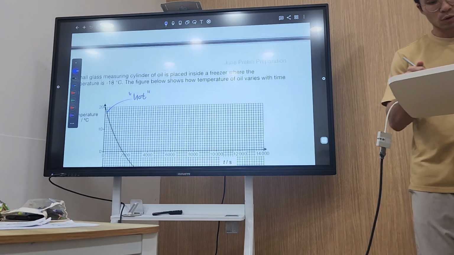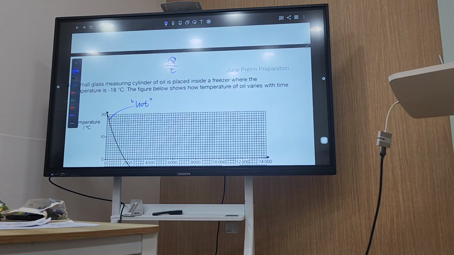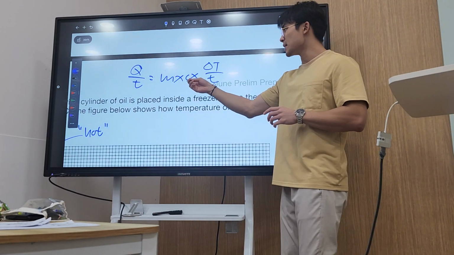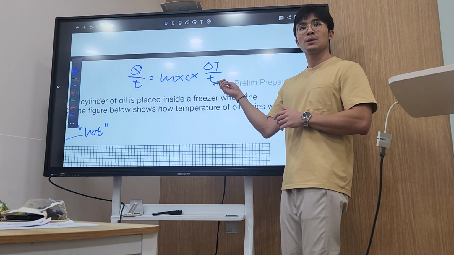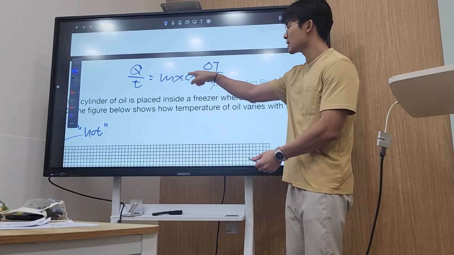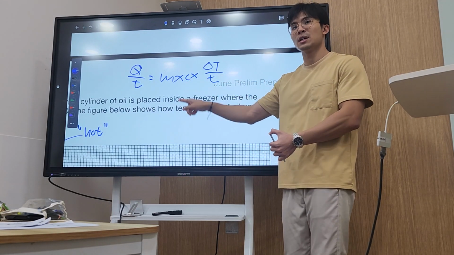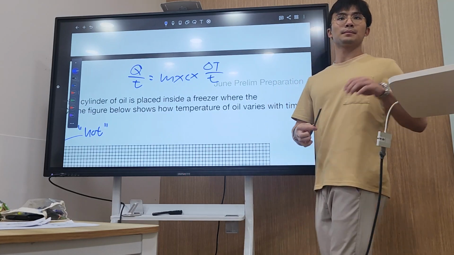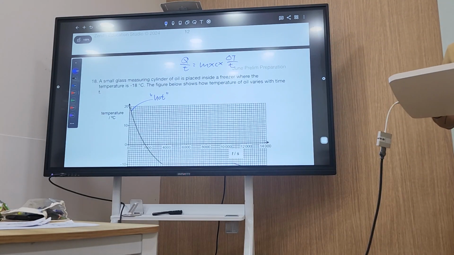Using Q over T, power equals M times C times change in temperature over time. The bigger this is, the smaller this will be. As a solid, because this is very gentle, your specific heat capacity for solid oil is very high. Any questions?